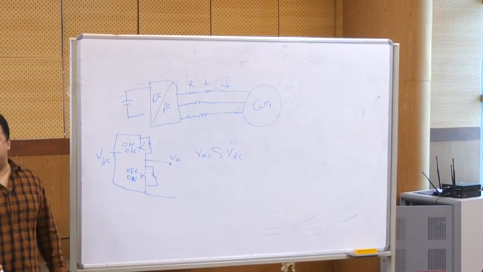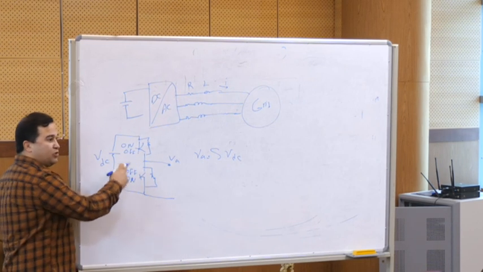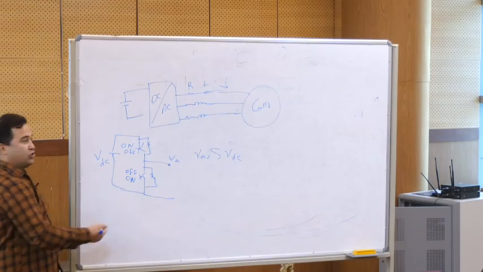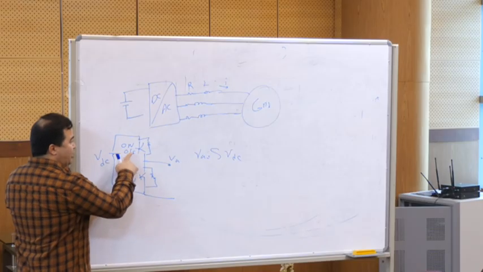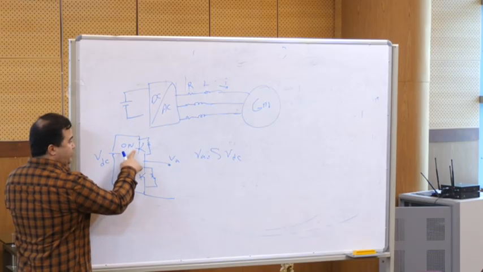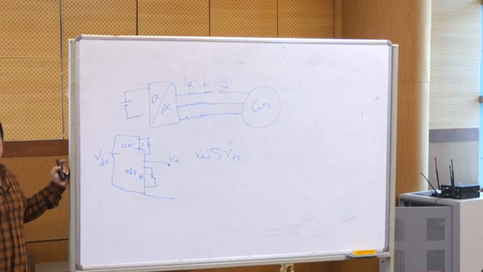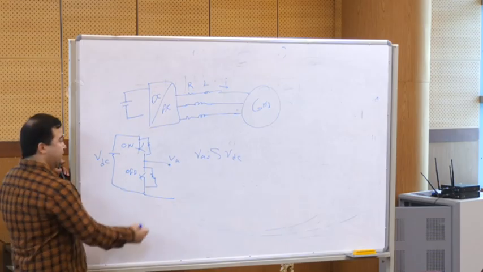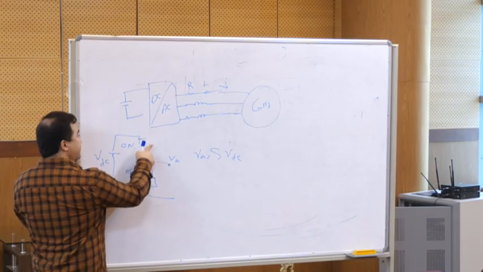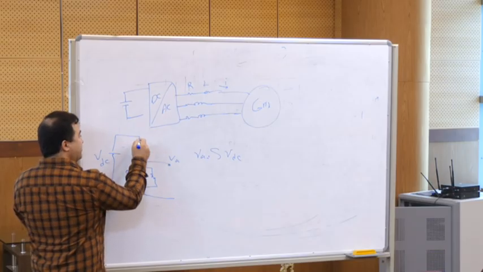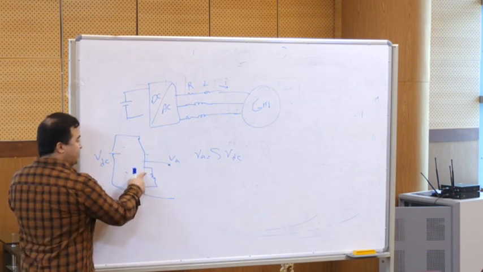What happens if we send a switching signal to turn both of them on? A short circuit will happen. So assuming that this is on, this should be off. Do you agree? If this is on, it conducts like this, and when this is off, the other is on.